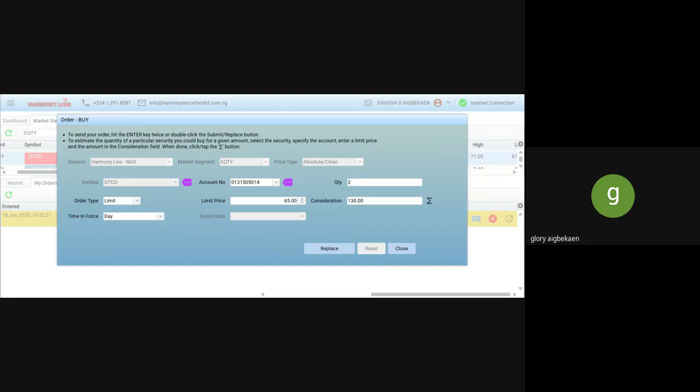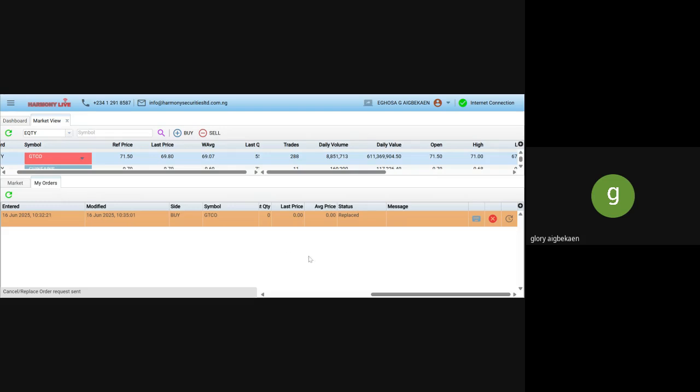Let's change it to one unit instead of 2. We change it to 1 and we double click again. You can see that the color has changed. The color is now light brown.